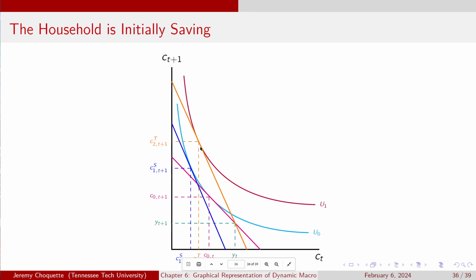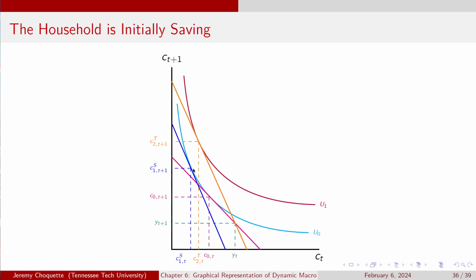But the interest rate increases. So when that happens, we consume less today and we consume more tomorrow. So that brings us to this point here. So we're now at a higher level of utility with changes in our consumption patterns. Okay.